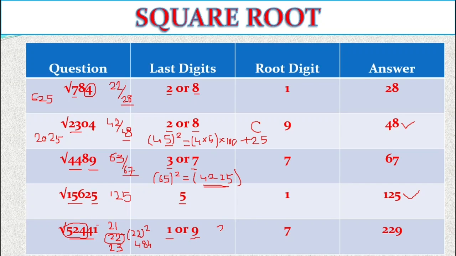Let me check that one also. 23 square is 9 is the last digit, and 23 plus 3, 26 into 2, 52, 529. So I am not supposed to take 23 because 529 is greater than 524, right? So the probable value is 22, and the answer is 229.